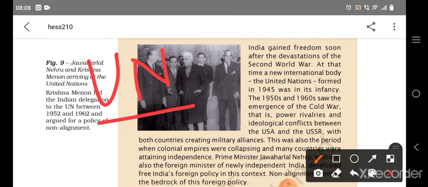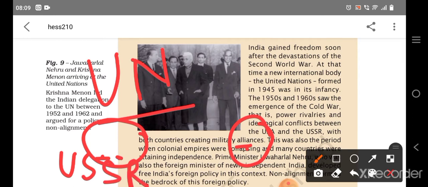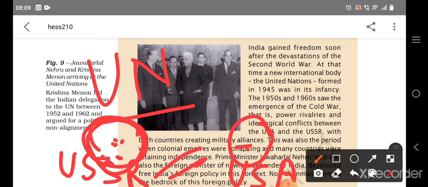Why were USSR and USA fighting with each other? Did they have any historical or past glitches? No, it wasn't that. USSR wanted all the countries of the world to work according to USSR, and USA also wanted the same, that all countries should work according to USA.